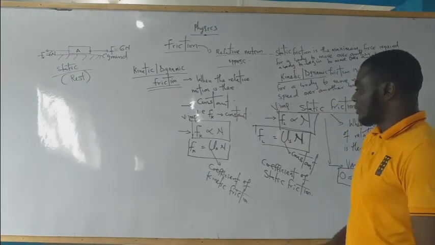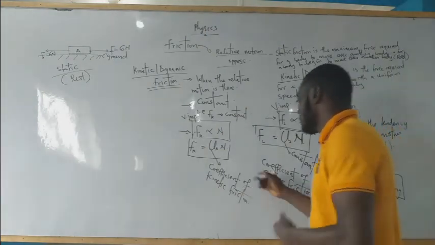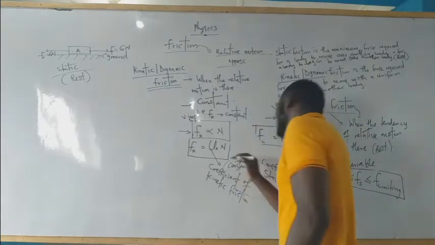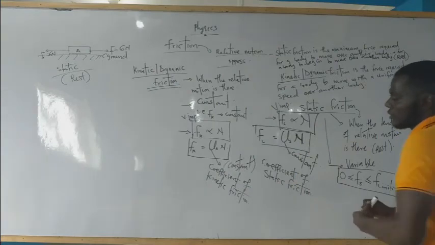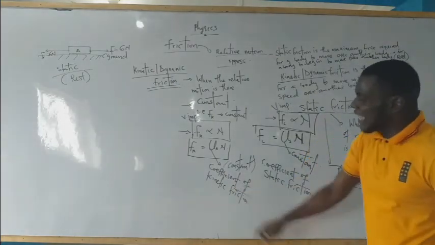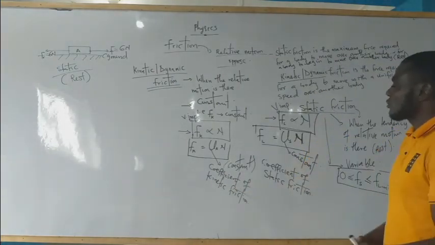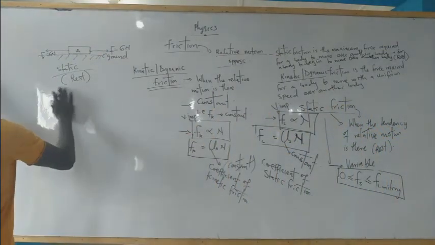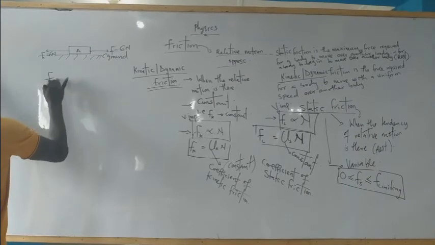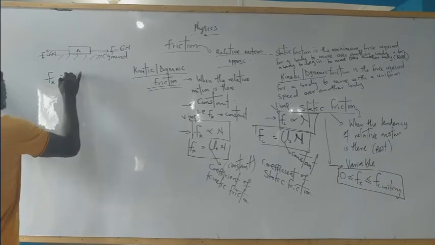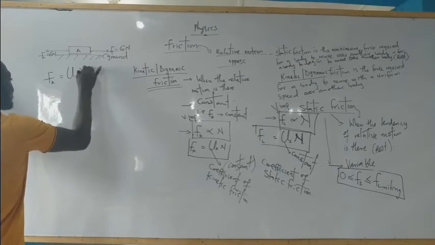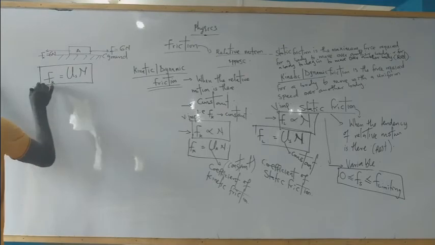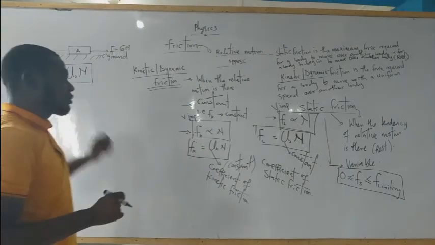It's constant, very constant. We should call it the coefficient of kinetic friction. So from here, we have FK equals mu k times the normal reaction. Take notes.